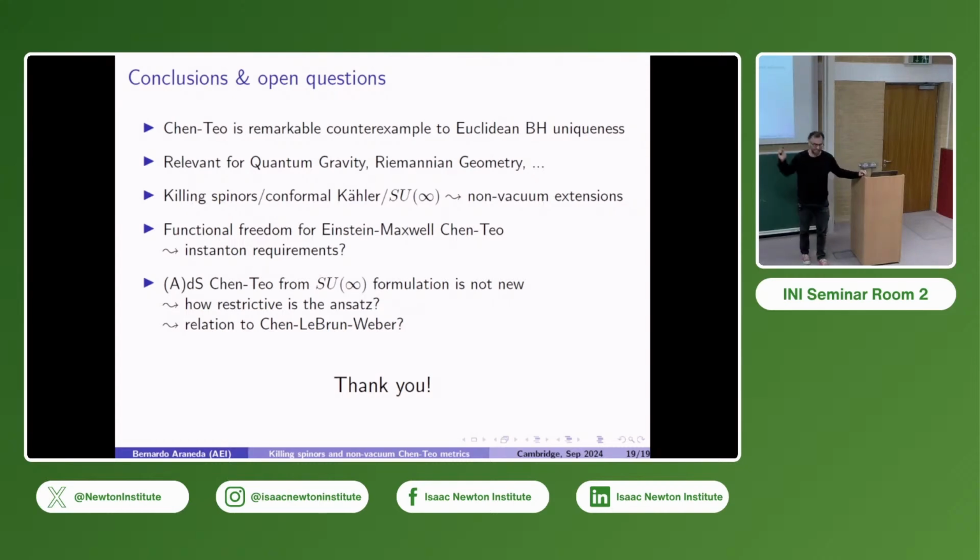Not exactly the Chen-Teo answers, but quite close. But then you have to impose the Einstein condition, and then you might end up with the Chen-Teo form. Probably not. Probably there is something else, because I would expect this idea of Chen-Teo to exist as a new solution, and from this formulation you cannot get that. So there must be something else.